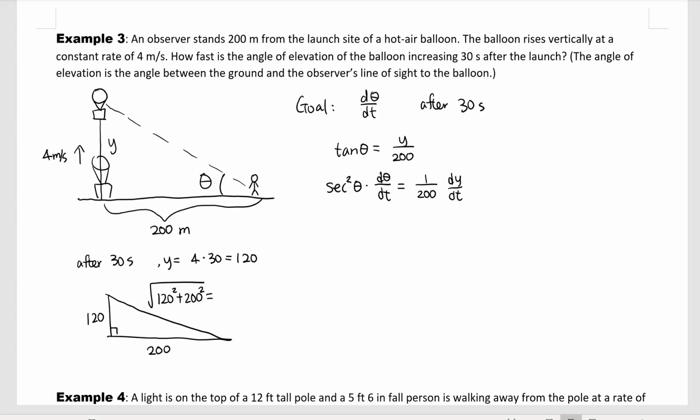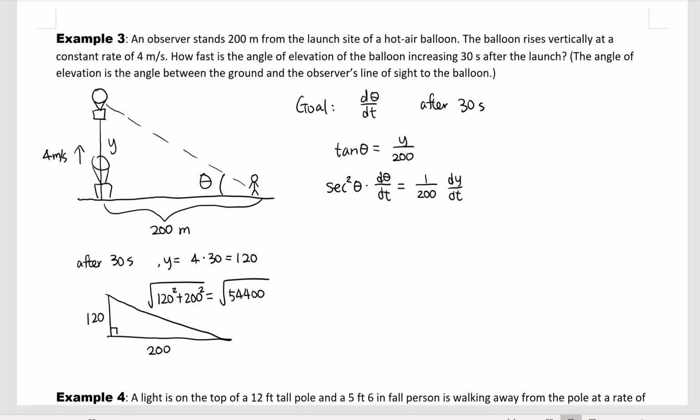Because it's not a whole number, let's keep it like this first, and then plug in at the end to make our answer more accurate. So don't keep the decimal here. Let's put the exact number, and we calculate at the very end, and then our answer will be more accurate.